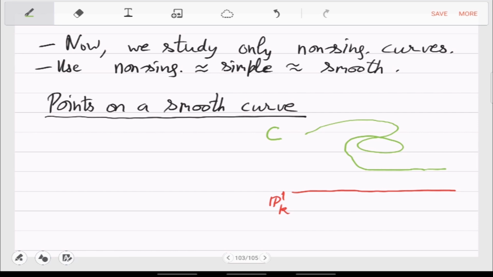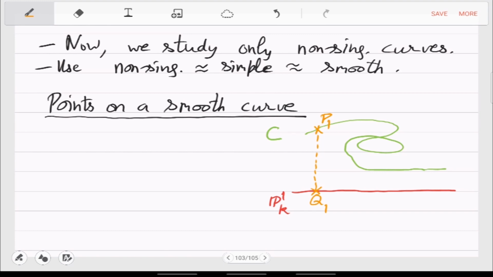What we want to say is that, say, look at a point P1 here. So this is related to some point Q1. In fact, we'll show that it's a unique point. So P1 actually covers some point on the projective line for every P1.